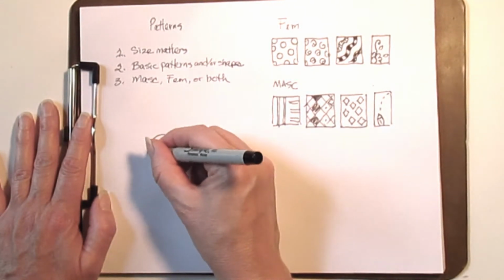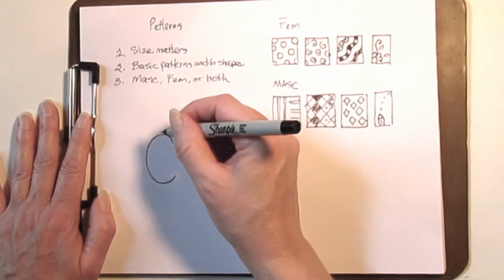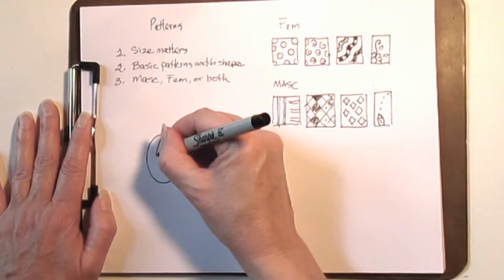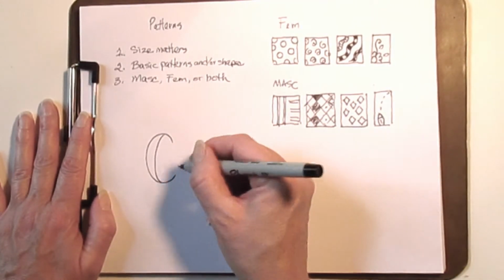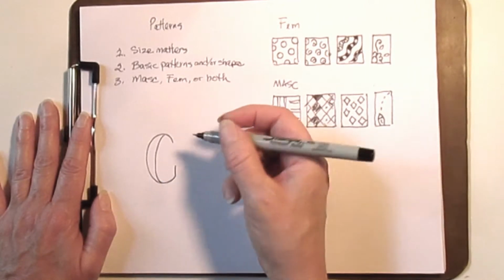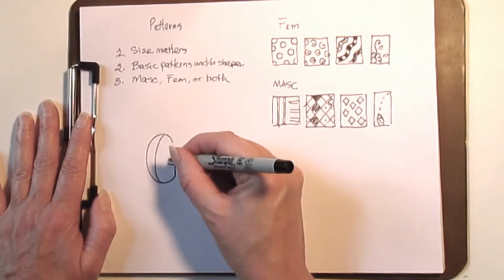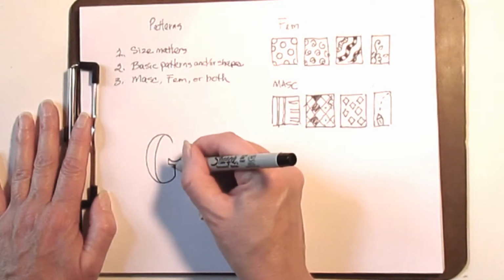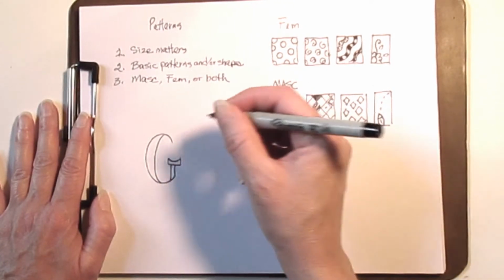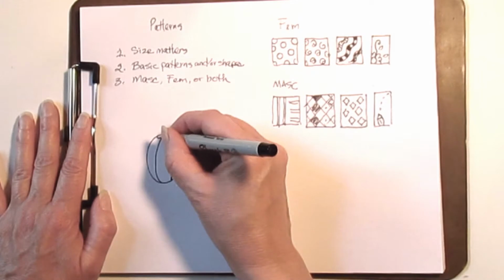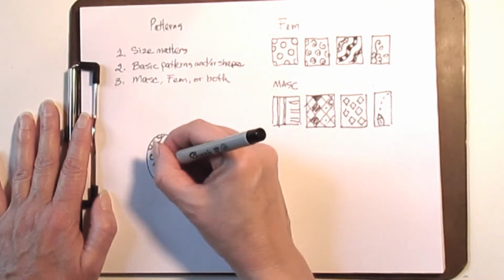Okay. We'll make a G. There's an outline of a G. And maybe we'll put circles.